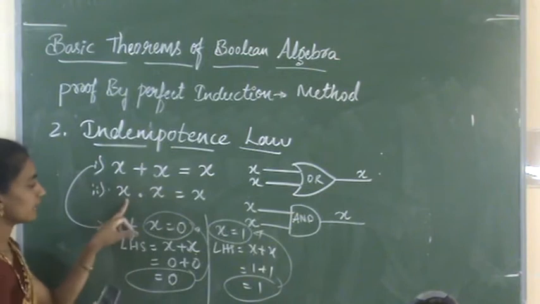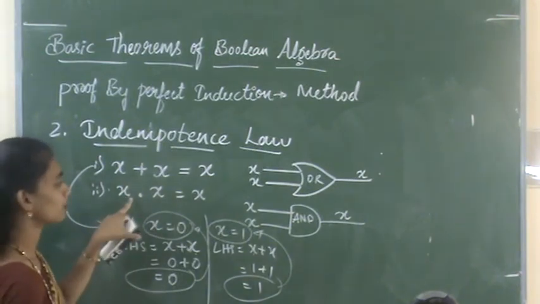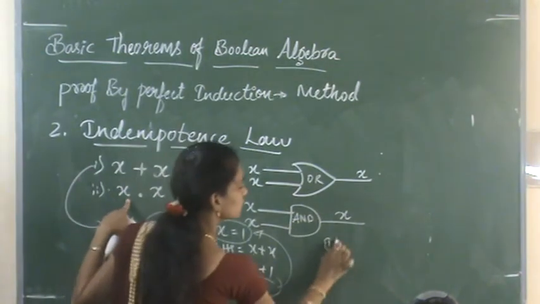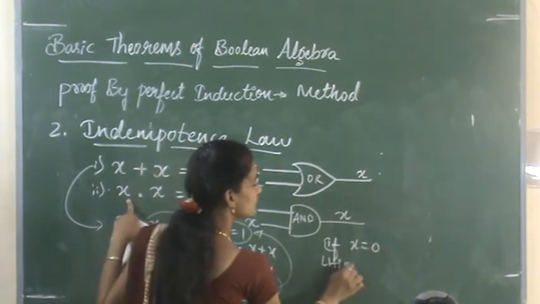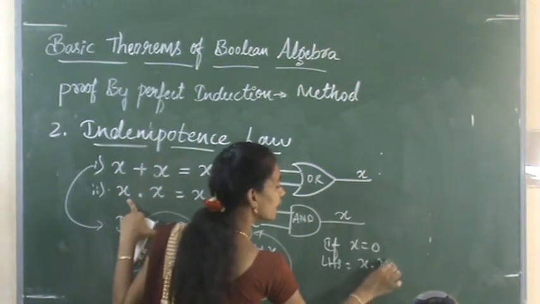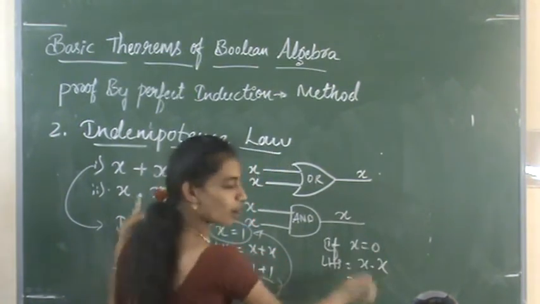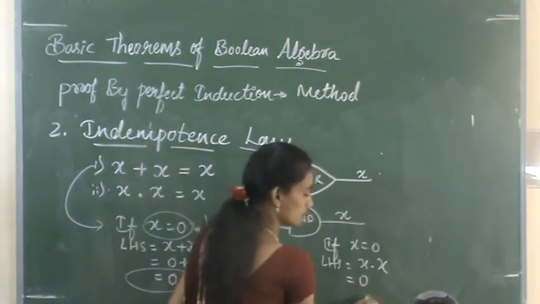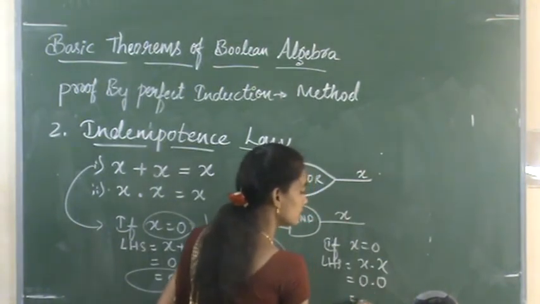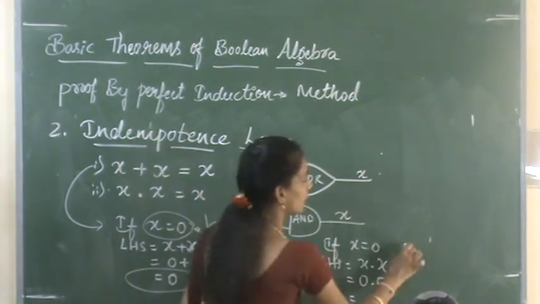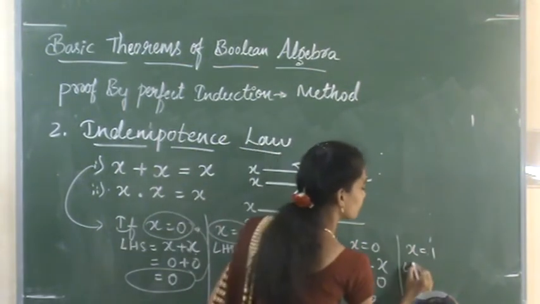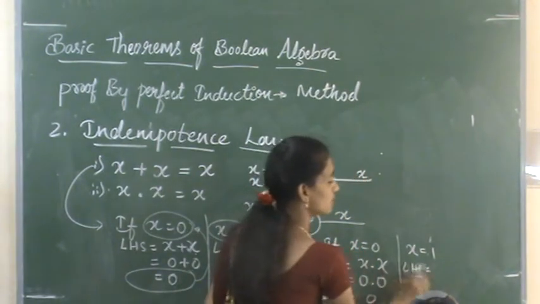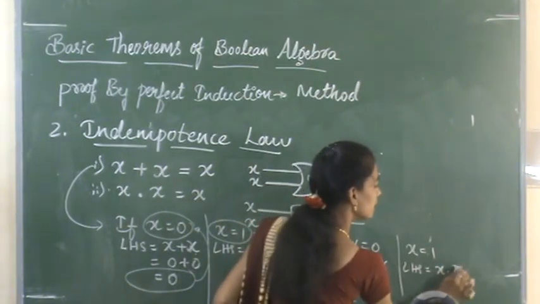So for the next operation also, if x is equal to 0, what is the LHS? x and x, right? So what is the value of x? The value of x is 0. 0 and 0, we will get 0 only. If I give x value as 1, the LHS equals x and x, right?